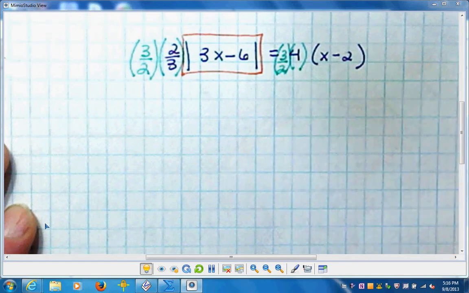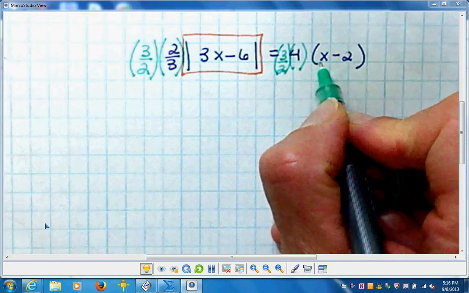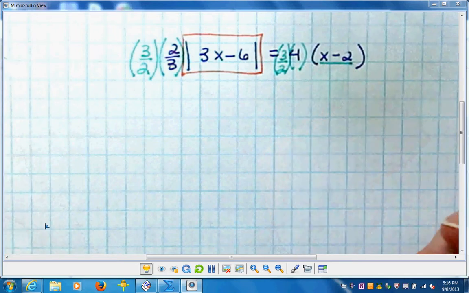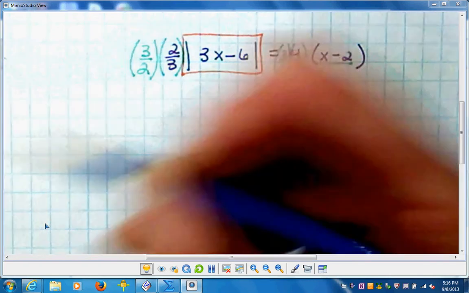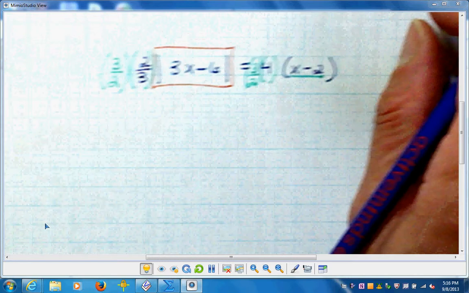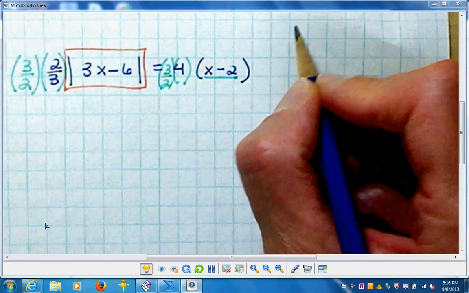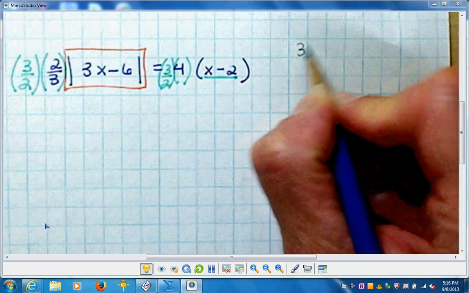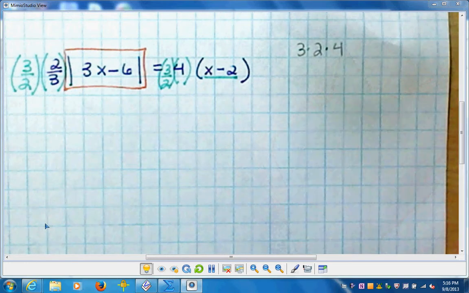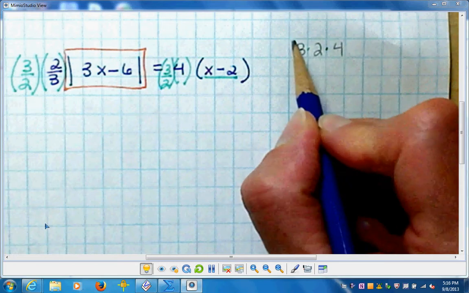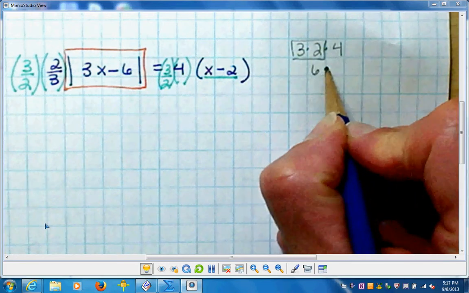Okay? So what I want you also to realize is that this x minus 2 is one number. So remember, if I were multiplying something like, let me give you an example off here on the side. So if I was multiplying 3 times 2 times 4, I would multiply these two numbers first, and that would give me 6.